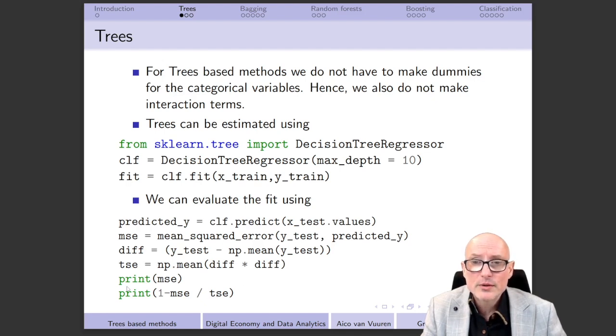Then we can print out the MSE, but with this line we can also print out the R squared among the test sample.